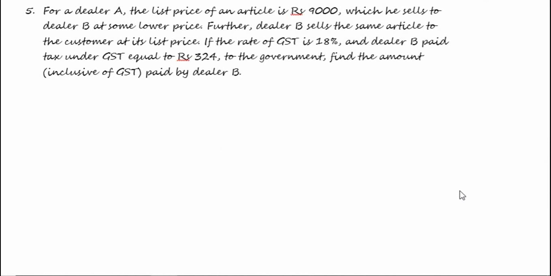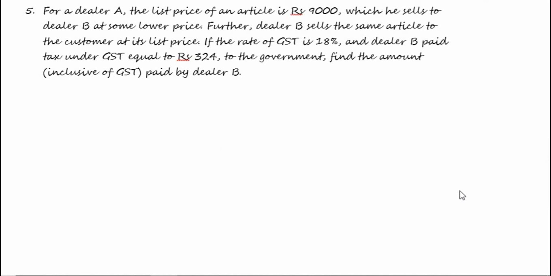Problem number 5. For dealer A, the list price of an article is 9,000, which he sells to dealer B at some lower price. Further, dealer B sells the same article to the customer at its list price, that is 9,000. He gets it at a price slightly less than 9,000 and he sells it at 9,000.